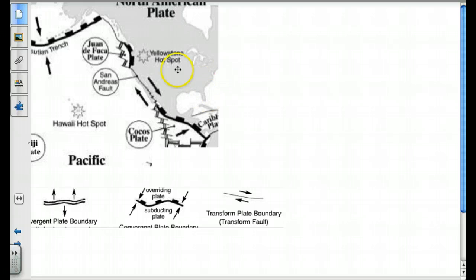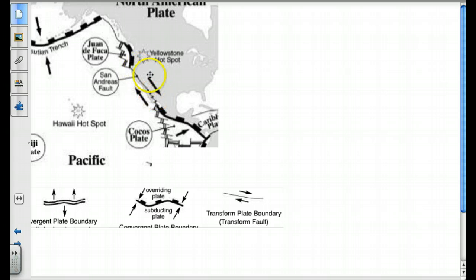This is just a screenshot of the reference table, and sorry that's a little bit fuzzy, but you can see from the key at the bottom of the reference table the transform boundaries look like this. And here is California, and if you look, one part of California is on the Pacific plate, and one part is on the North American plate.